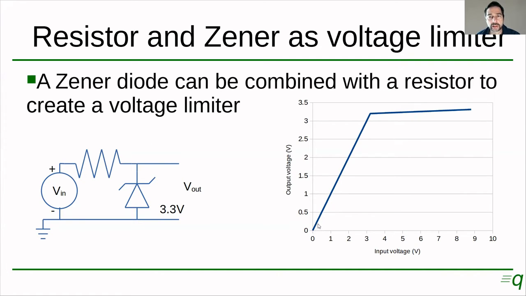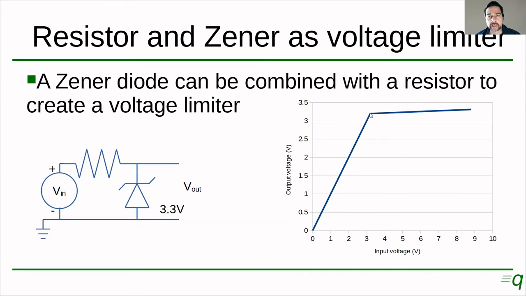So the output voltage is going to be increasing following the input voltage to a point where the diode cannot block anymore. And this is a 3.3 Zener diode, and it's going to start conducting a little bit, usually a little bit below the 3.3 volts. In this case, we have 3.2 volts.